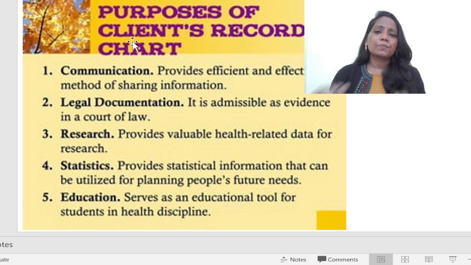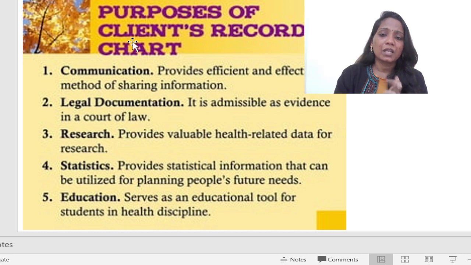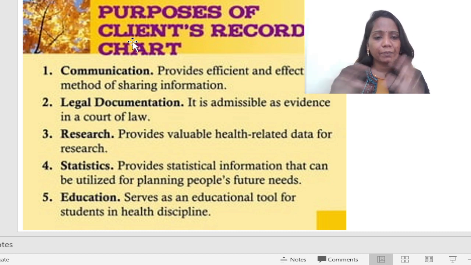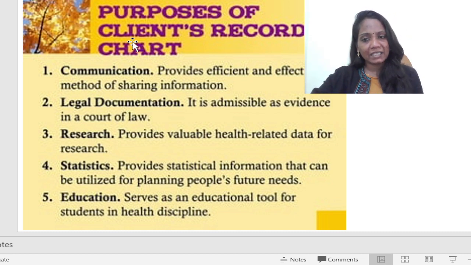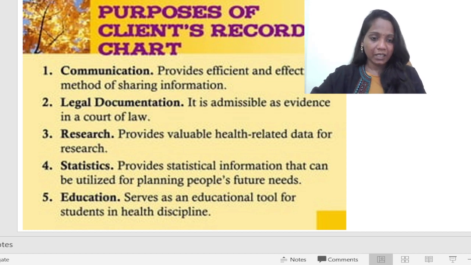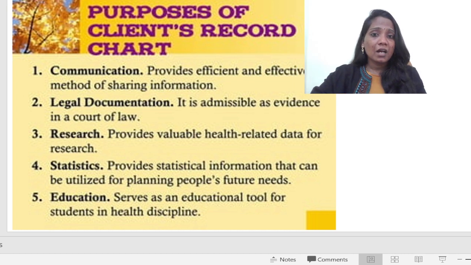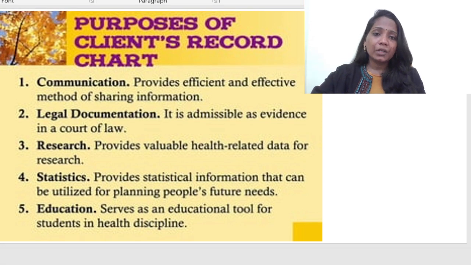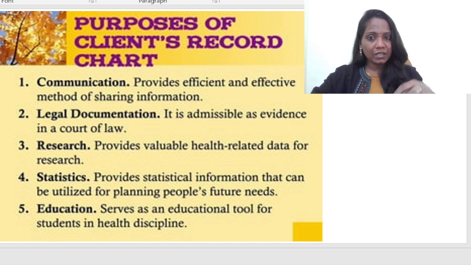So first, we will see why we have to maintain this documentation or reporting. The first main purpose in the healthcare setting is communication. You can understand very clearly here, when we use any documentation, it is really helpful while the patient is inside the hospital.